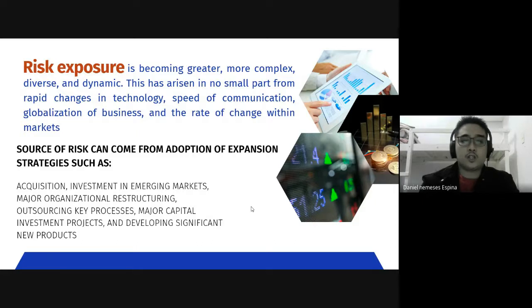Some sources of risk can come from adoption or expansion strategies such as acquisition, investment in emerging markets, major organizational restructuring, outsourcing key processes, major capital investment projects, and developing significant new products.